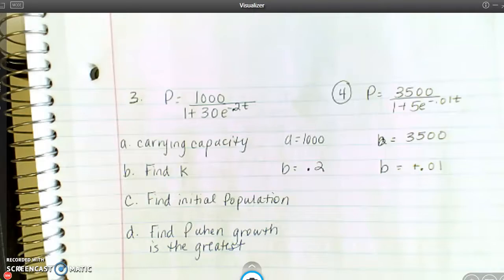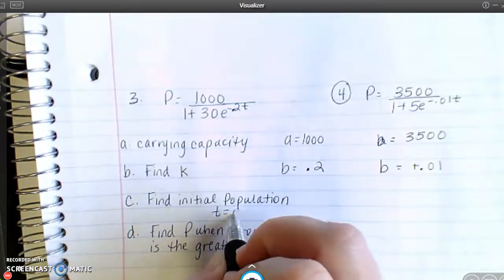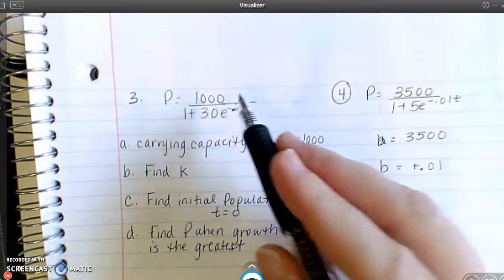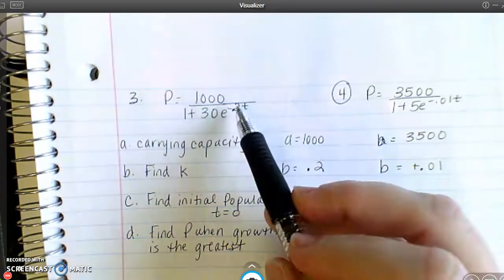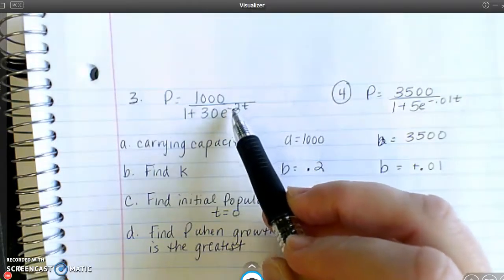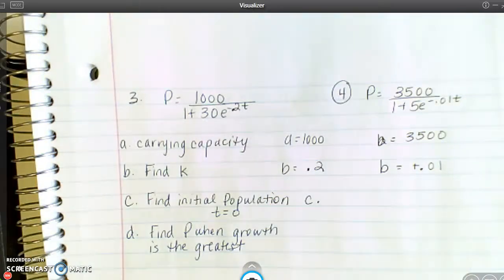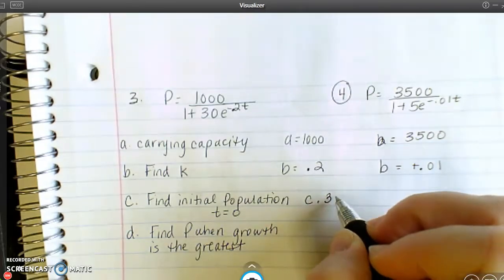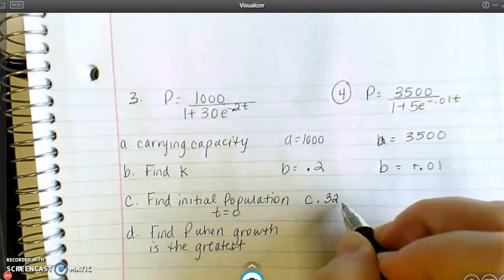All right, the initial population is when t equals 0. So in C, for number 3, I'm going to plug a 0 in for t. That will give me 1, and so it's going to be 1,000 over 31, and I get approximately 32.